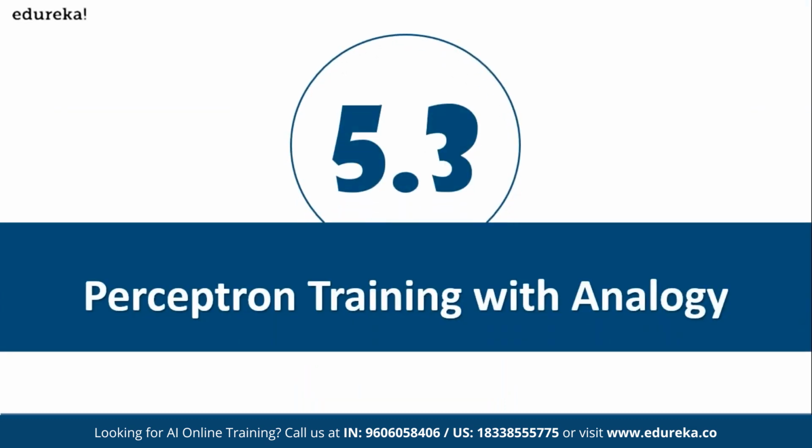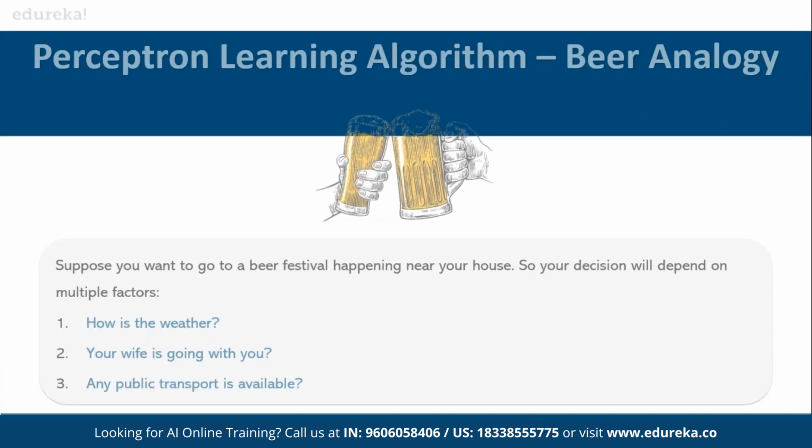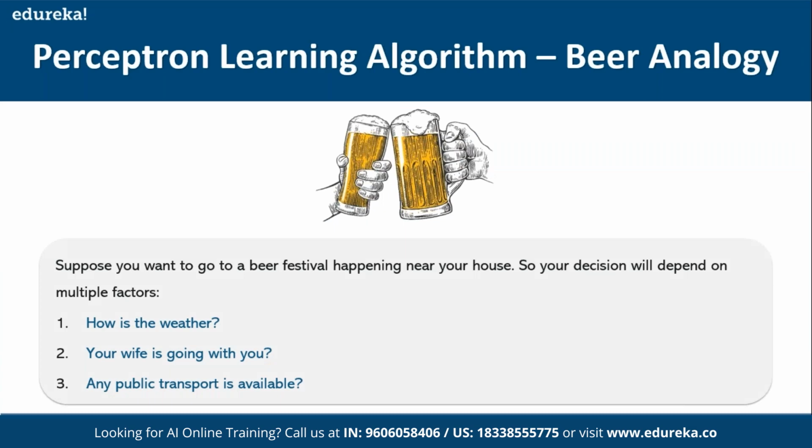Let's understand the whole analogy of whatever we spoke with a simple analogy, thereby we will be able to get the most of it. There is a beer festival near your house. It's a weekend, and you are thinking whether to go to the beer festival or not.